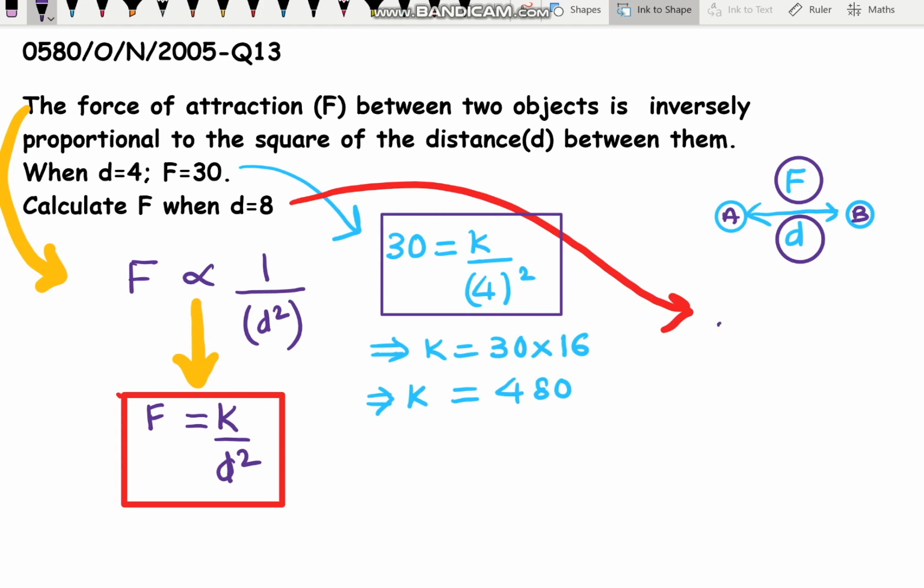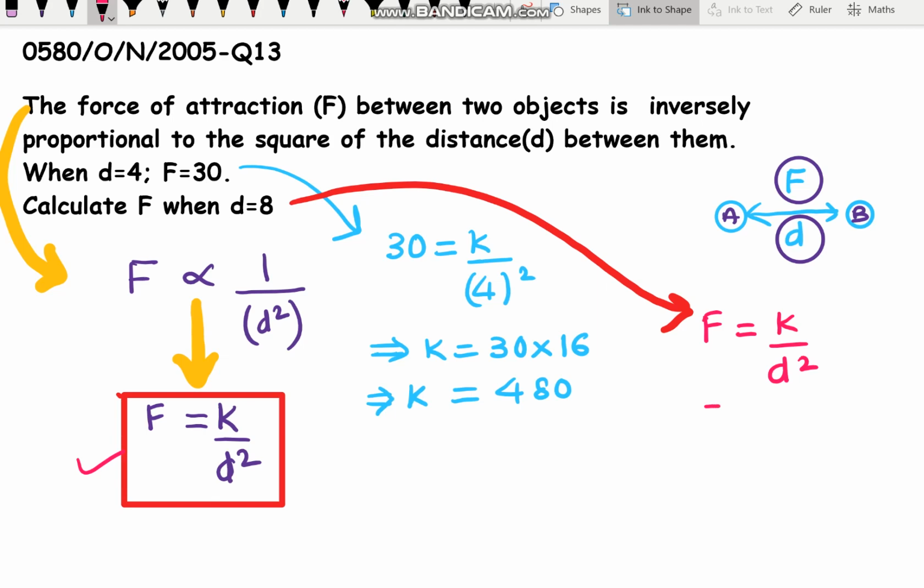Sorry, why am I using 30? That's not my standard equation. My standard equation is not this. It is this one over here: F equals k over d square. So I write my standard equation once again. F equals k divided by d square. I also know my k, which is 480.